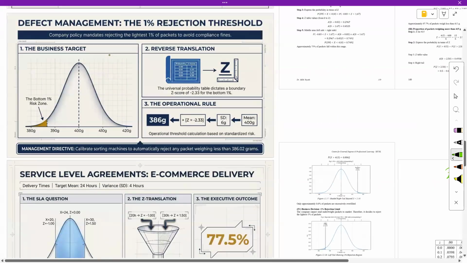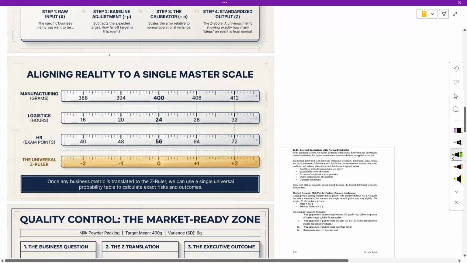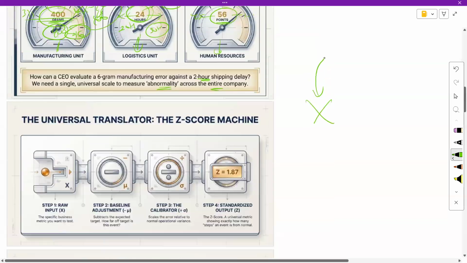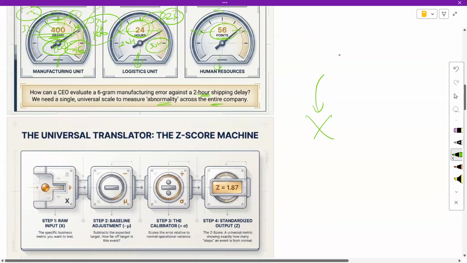Now, let's see how we are going to standardize a value, a random variable. X is the variable. It may have a lot of different properties. It may have a different mean. So it has a mean and standard deviation. Now we want to convert this x value into a standard value.